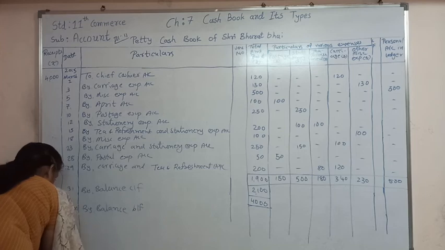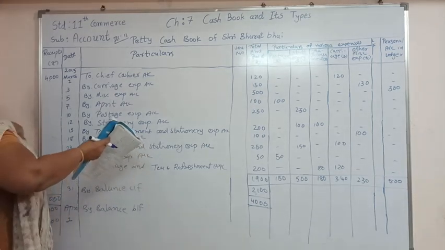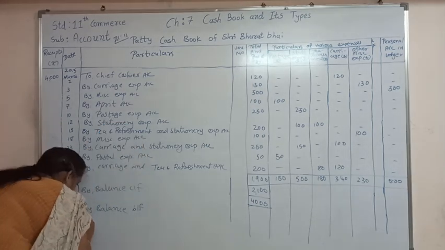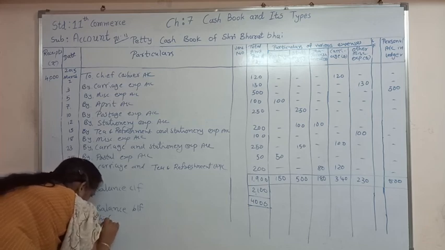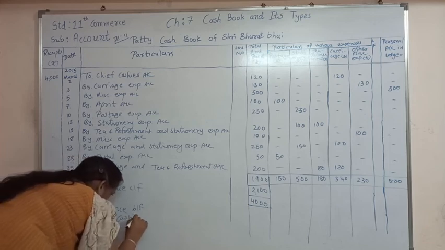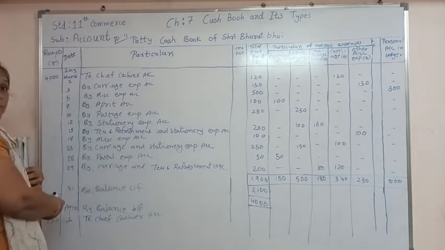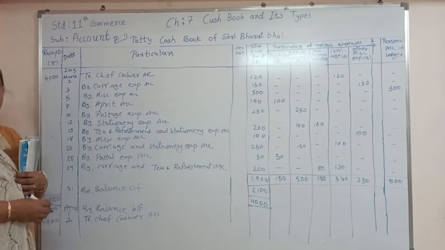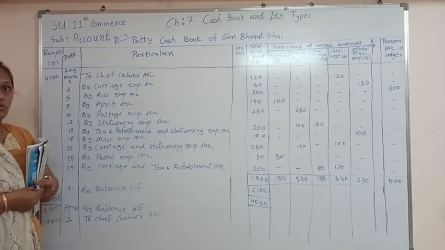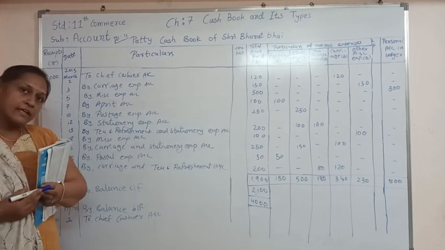So on April 1st we are going to bring 1,900 from chief cashier. So we will write to chief cashier account. So here we have to maintain the opening balance of 4,000 in an Imprest petty cash book. So this is how we are supposed to prepare the Imprest petty cash book.